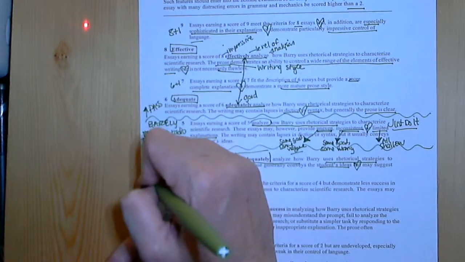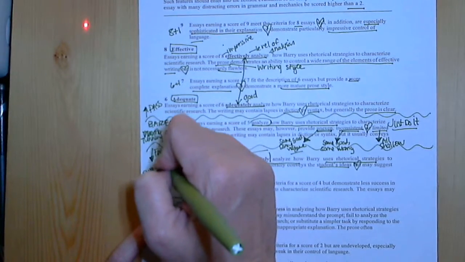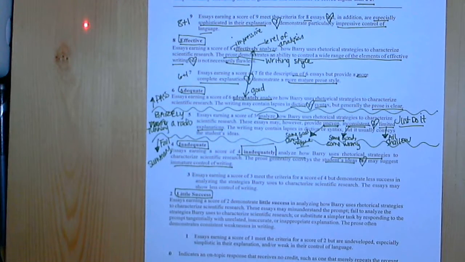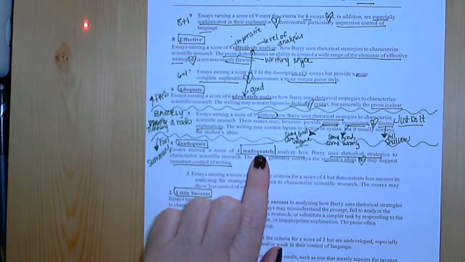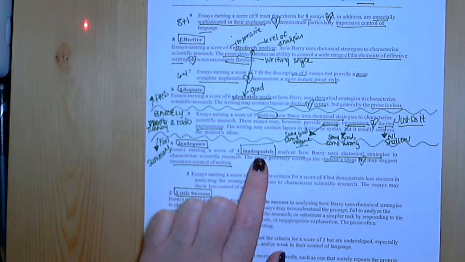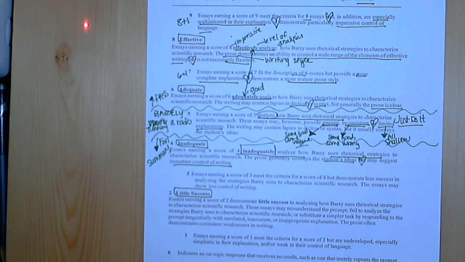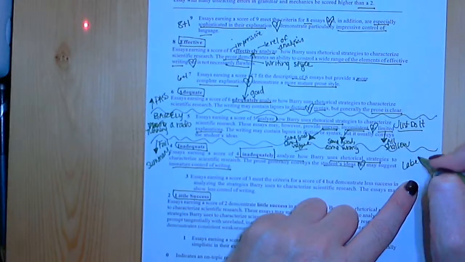So what you're going to see in the 4 and down is summary. Right? Most of the time from the 4 down, you're going to see summary. That's what leads you into inadequate, because in the adequate essays, or the Nike just doing it, there is some analysis there. Here, you're going to see a lot of labeling of devices.